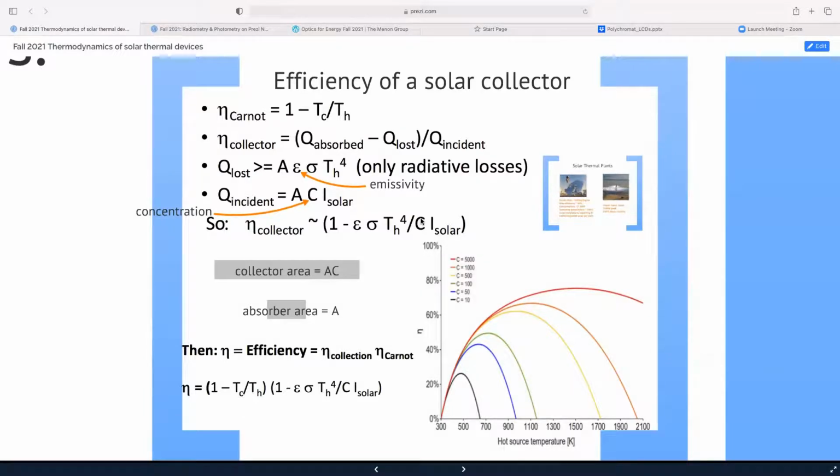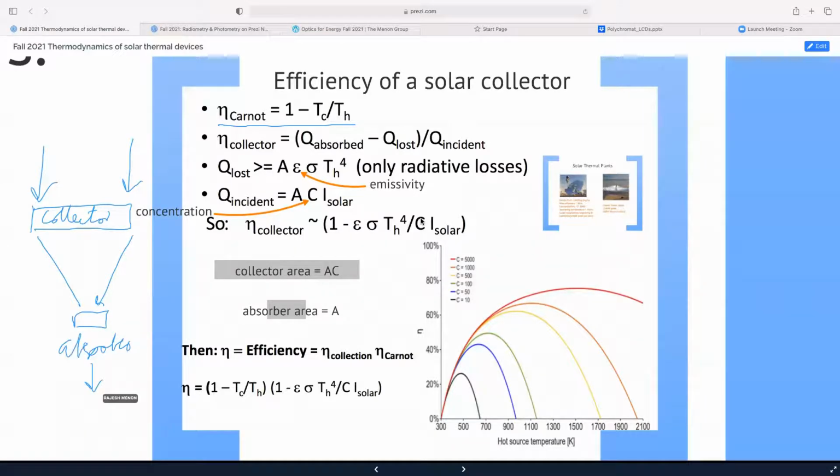I'm going to draw some sort of collector here, collecting the light as it comes in, and I have an absorber here, and this absorber is doing work. So the question is, from this input to this output, what is my efficiency?